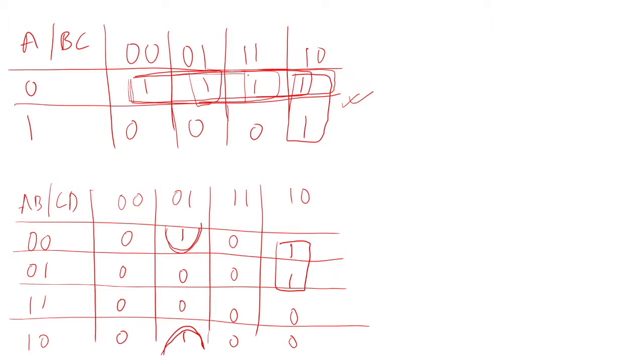Hence we are taking this big group. This group is the best as it is containing 4 elements, and this one is containing 2 elements.